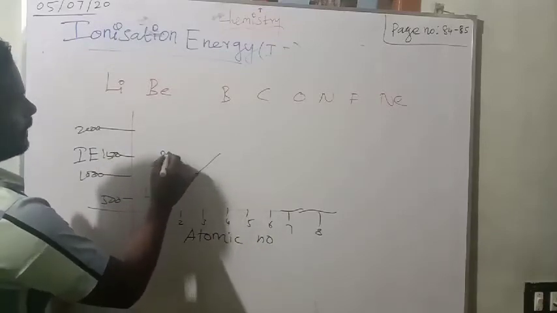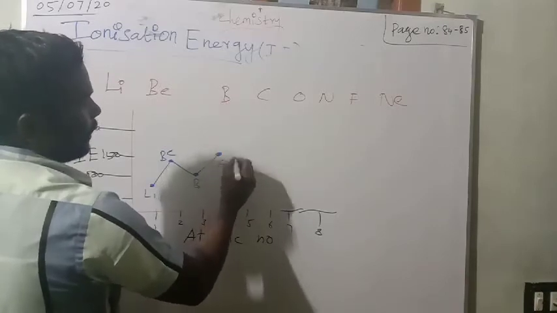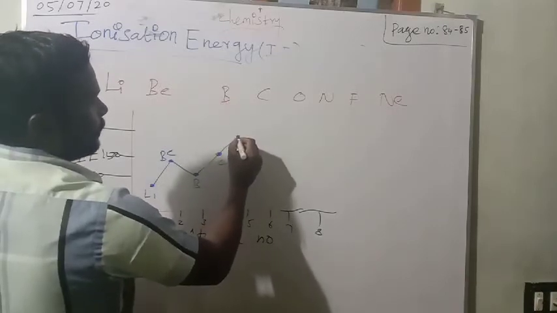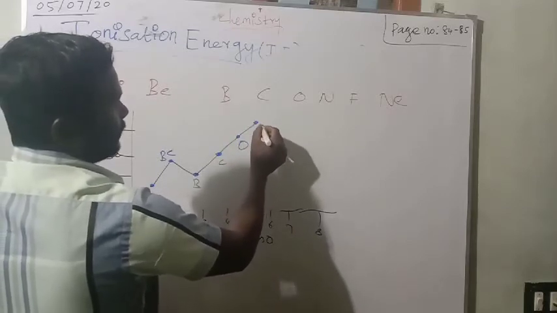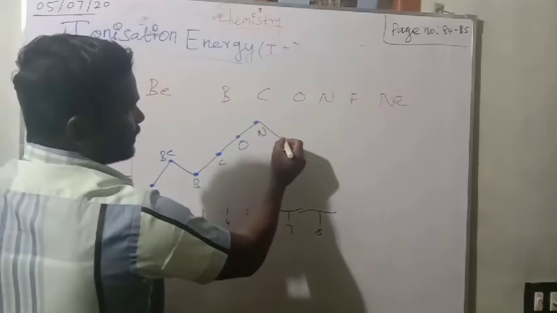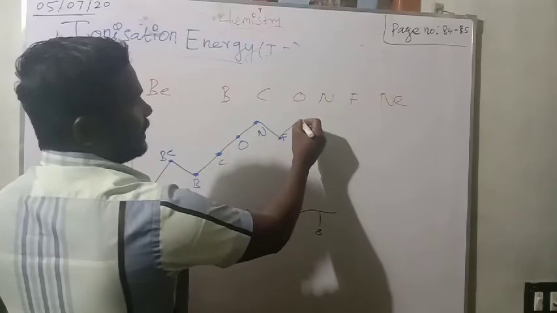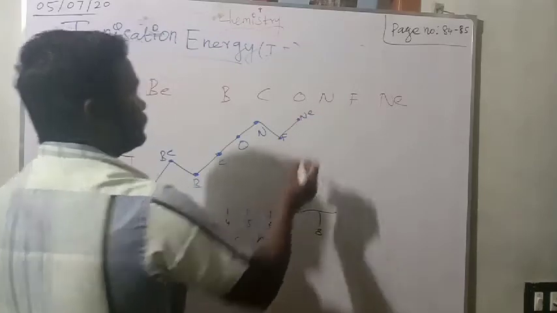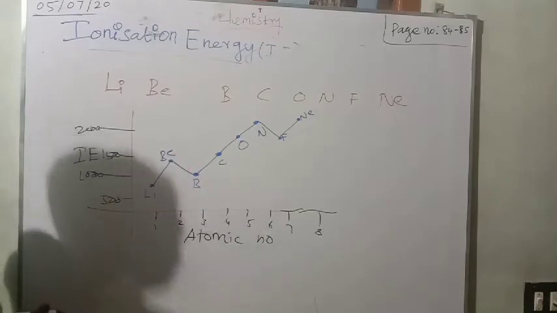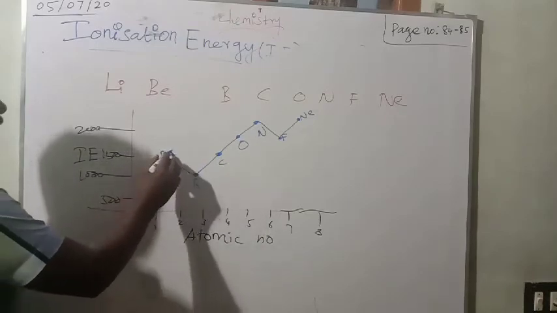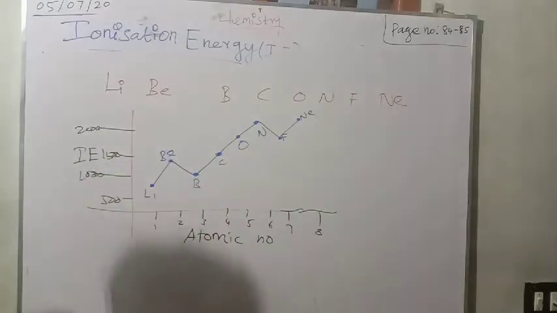Lithium, beryllium, boron, next to boron carbon, next to carbon oxygen, next to oxygen nitrogen, next to nitrogen fluorine is there, so fluorine decreases a little bit, finally neon, right? The symbols they didn't mention in your book, but you can write like this: lithium, beryllium, boron, carbon, oxygen, nitrogen, fluorine and neon.